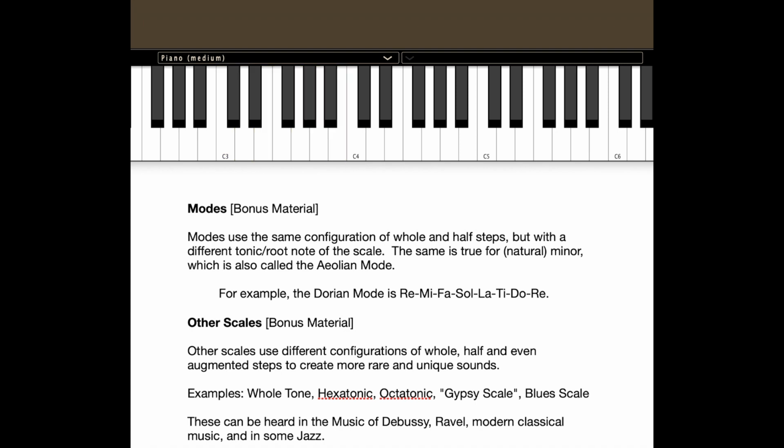But they have a different tonal center. So it's actually the same way that A minor and C major derive from all the white keys. The same can be true starting on any of the other keys, for example, on the D key.